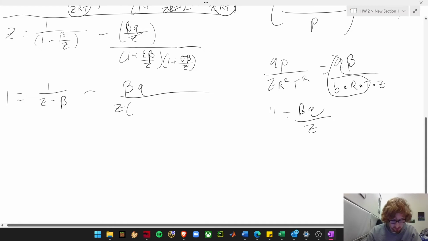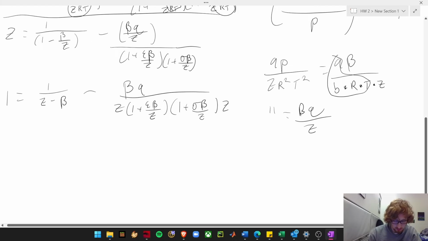Okay, we'll do this the hard way then. And then we'll have a z on the other end. 1 plus epsilon times beta over z. And then we'll also have 1 plus sigma times beta over z.